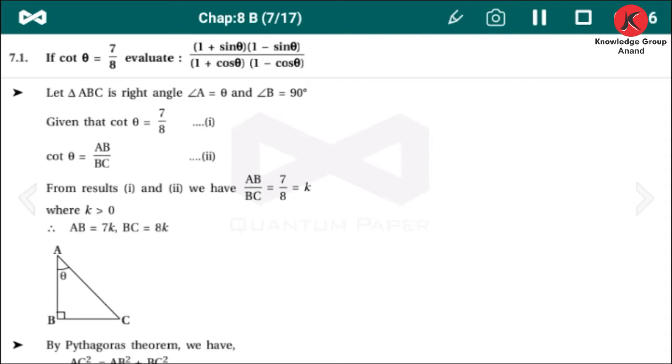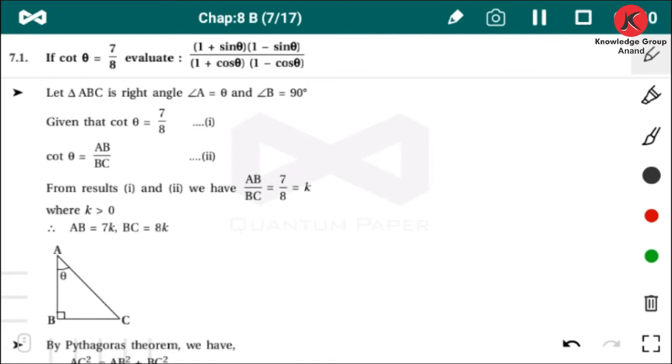Cot is equal to adjacent side upon opposite side. Suppose angle A is equal to theta, then adjacent side AB upon BC is equal to 7 by 8. Here k is a constant.